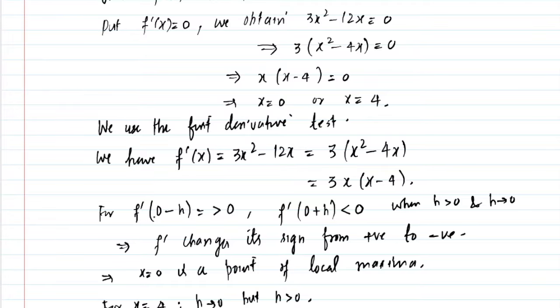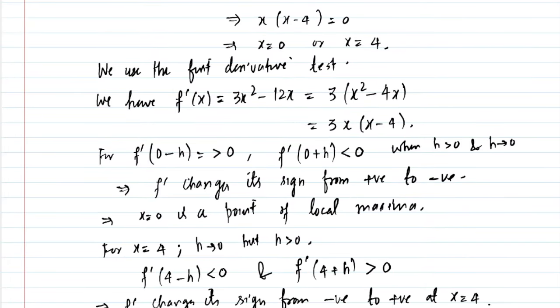If the sign changes from positive to negative, then it will be a point of local maxima. But if the left hand derivative and right hand derivative change sign from negative to positive, then it will be a point of local minima.